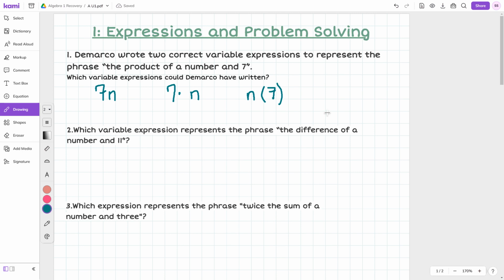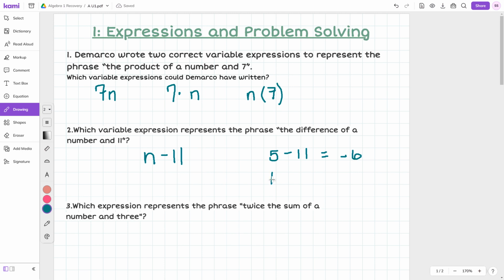The next one says, which variable expression represents the phrase, the difference of a number and 11? When you write this answer, a number and 11, you have to write it in that order. Place the number there. For instance, 5. If I had 5 minus 11, my answer would be -6.